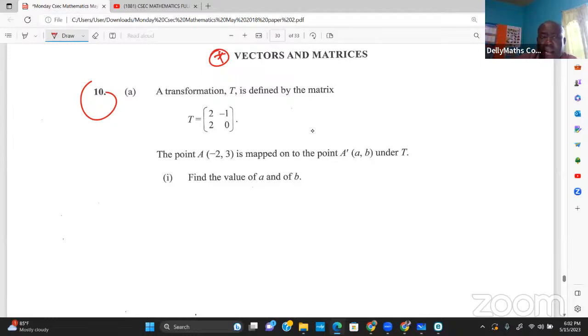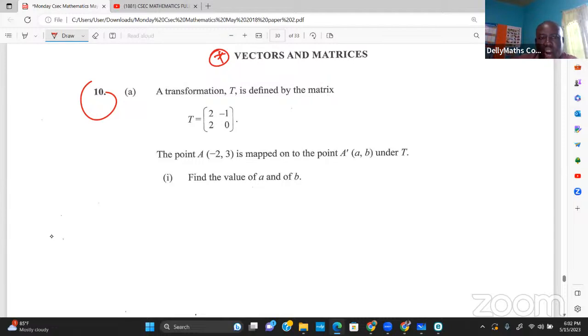It says here the transformation T is defined by the matrix T, which is equal to 2, -1, 2, 0.